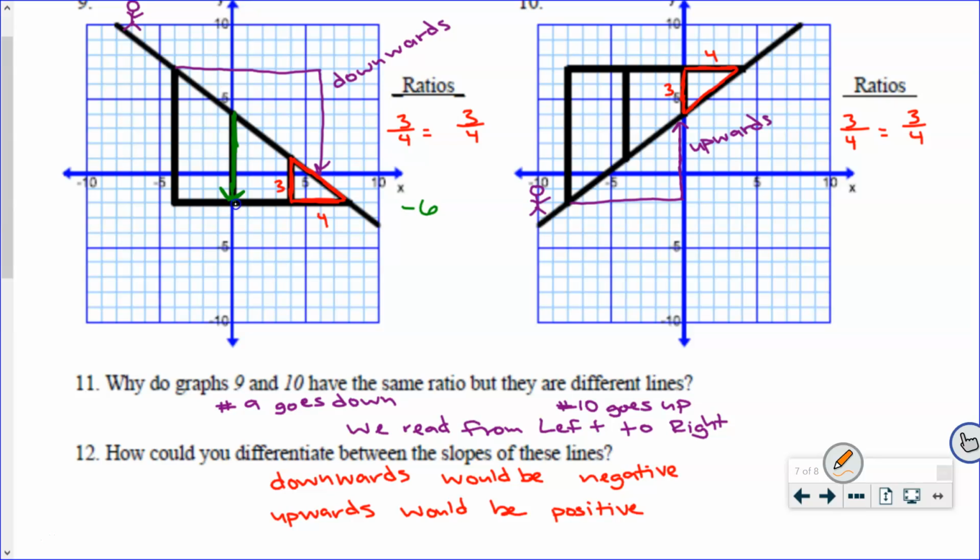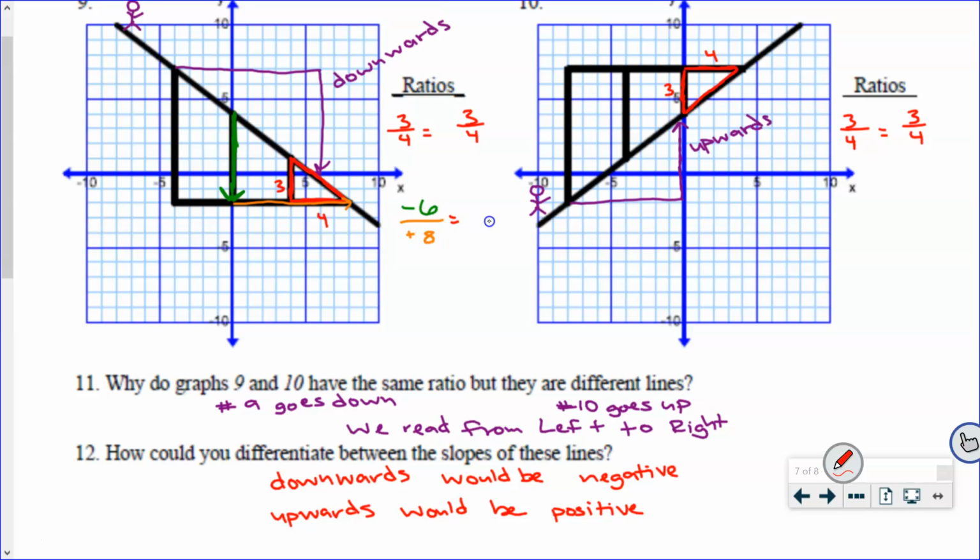And as I count across this way, which direction am I moving? Left or right? Right. And right is a positive direction. So over 1, 2, 3, 4, 5, 6, 7, 8. So that would be a positive 8. Now you tell me, what is a negative divided by a positive? It's always negative.